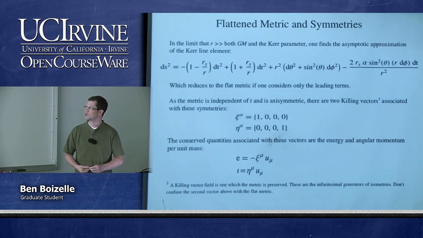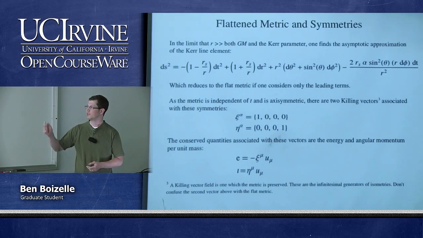There are two additional things which weren't talked about in class, but you might have heard of them before. Killing vectors, they're called, after a guy whose last name was Killing. They are vector fields along which the metric is preserved. So if you were to translate along one way, the metric would be unchanged.